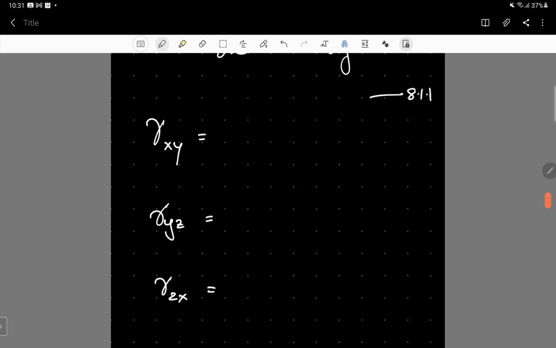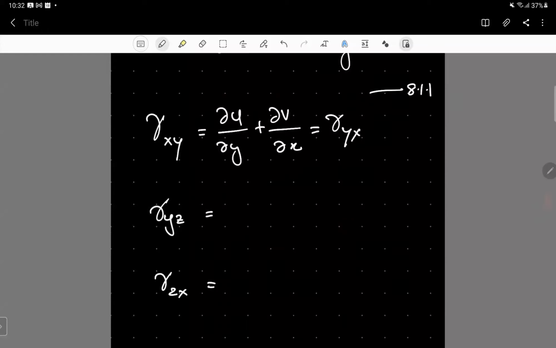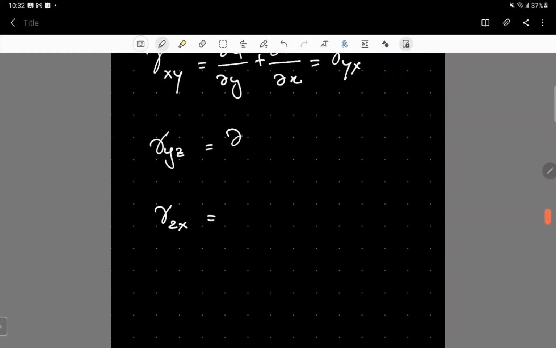Shear strain on the XY plane can be written as du by dy plus dv by dx. Similarly, I will directly write down the others, since we will be using this for the derivation of the stiffness matrix of the tetrahedral element.